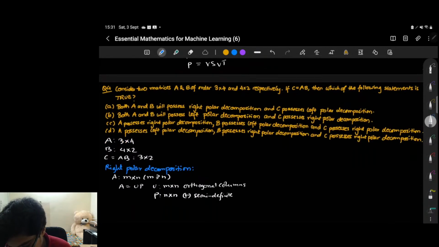Now the left polar decomposition would be as follows.